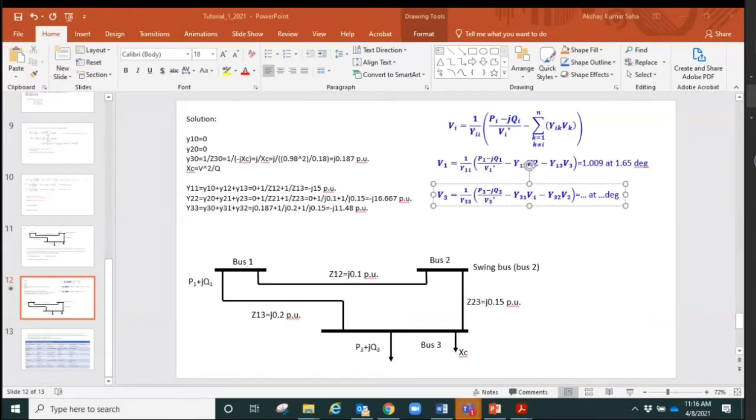Listen, everyone. Thank you for asking that. In this equation we have capital Y31. Capital Y31 is the negative of small y31, and small y31 is 1 over z31, with the negative sign remaining, so capital Y31 will finally be equal to j5.